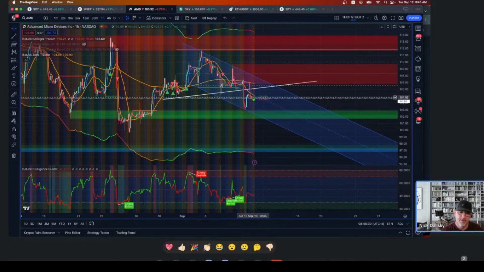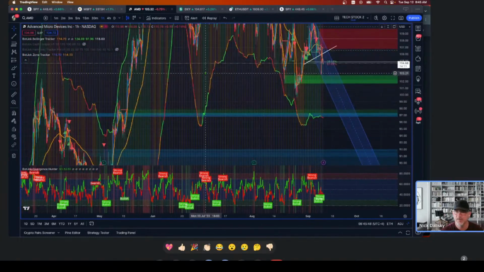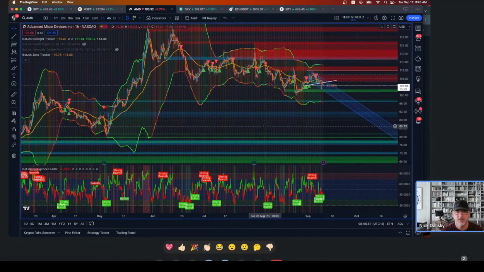So aside from this kind of minor bullish divergence, right, because you have equal lows here and lower lows here, that's showing possible signs of something reversing going north, but aside from that, the rest of that looks pretty bearish. But let's take a look at.